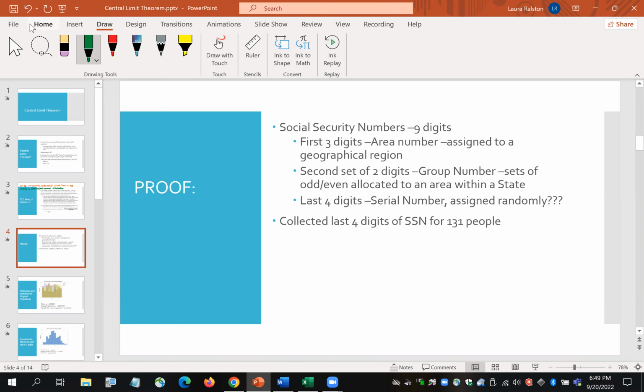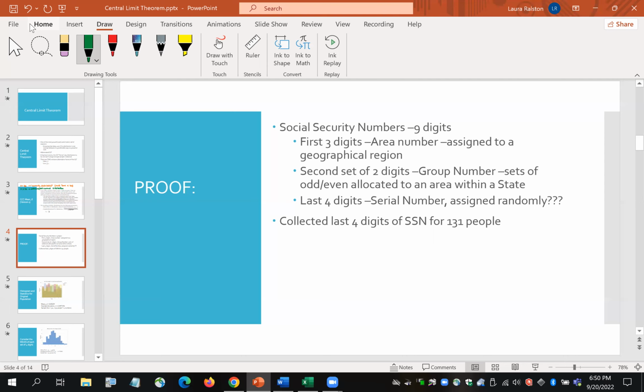But the last 4 digits, I collected the last 4 digits of the Social Security numbers for the 131 students that I had during that particular time. So I have 4 numbers from 131 people.